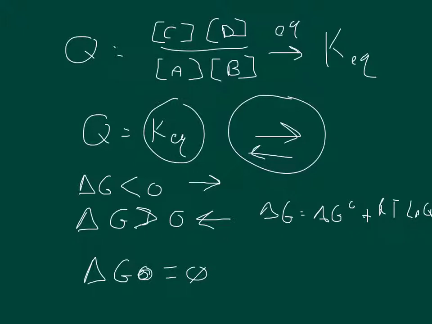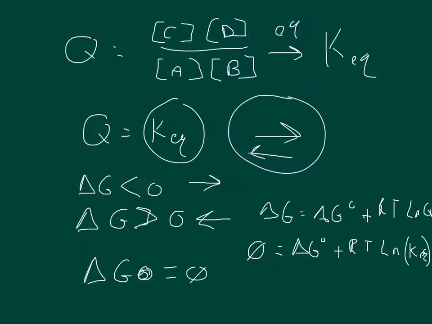So let's say that the natural log of Q is equal to the natural log of KEQ. So that would make delta G 0. So delta G would equal 0, delta G standard state, plus RT natural log of KEQ.